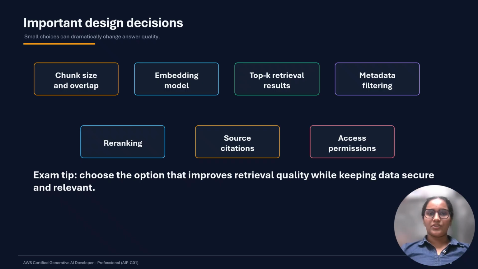Top K retrieval controls how many chunks are returned. Metadata filtering helps restrict results, for example by department, document type, product, region, or access level. Reranking can improve the ordering of retrieved results. Source citations help users verify where the answer came from.